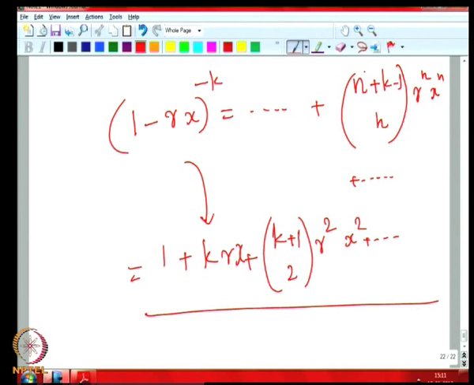Of course, we can derive it if you recall the original formula, namely 1 plus x whole power alpha. We just substituted y equal to minus rx and alpha equal to minus k in that formula and simplified, that's all. But it has a nice form, that's why we did it.